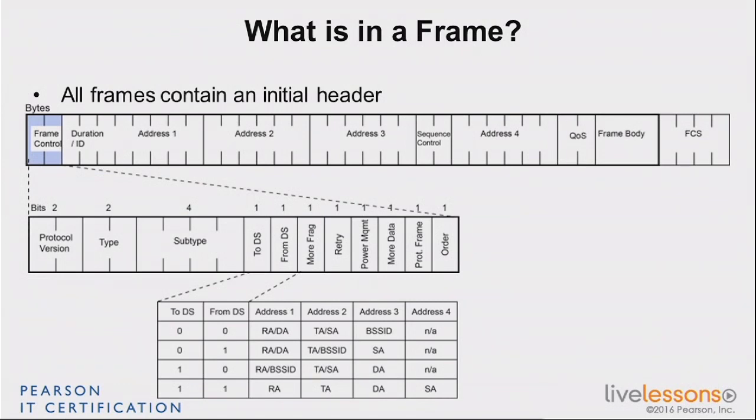And on the other side, you don't need to say what is the DA and the RA because it's the same station, the final destination, but you need to say who is the TA and who is the SA. Whenever in those combinations the MAC address is the access point, you mention the BSSID, which is the MAC address of the access point. So depending on what the to DS and from DS fields say, the address 1, 2, and 3 will not mean the same thing.